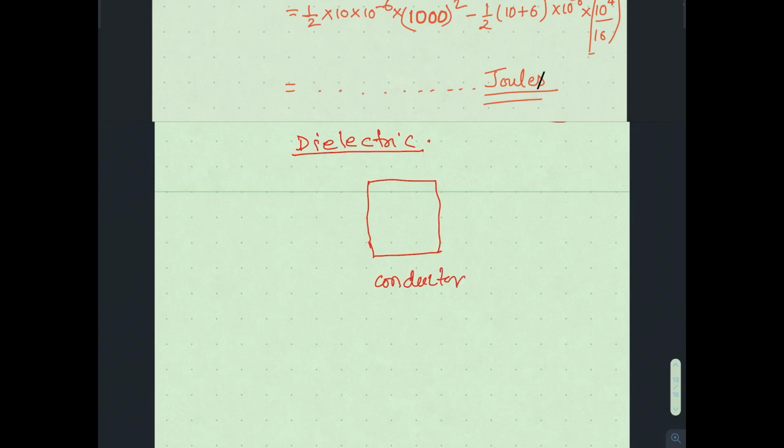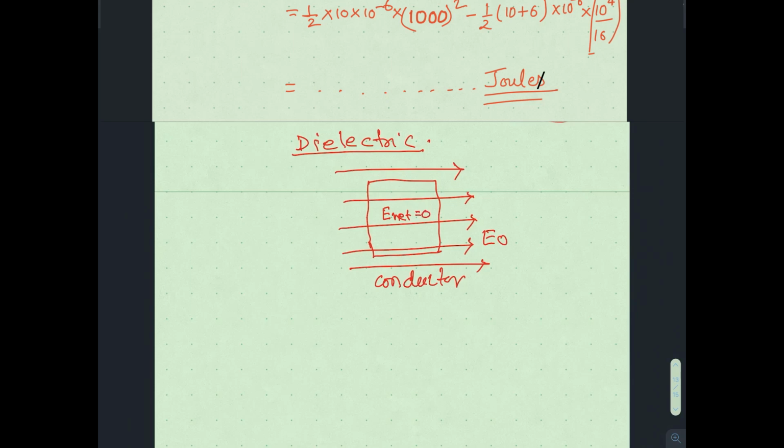We are trying to understand the behavior of the conductor. It is kept in an external electric field, that is E naught. Now what will happen inside? E net is 0.